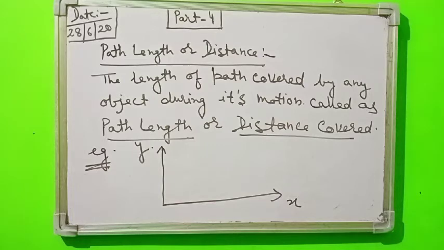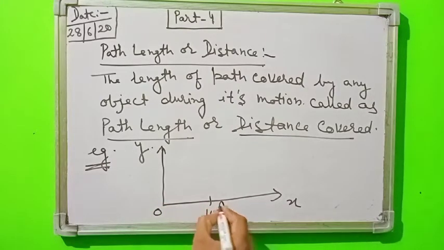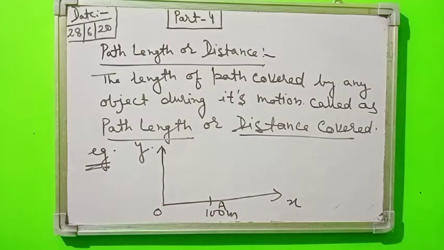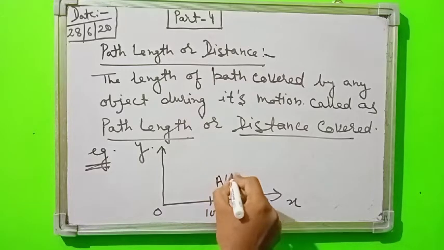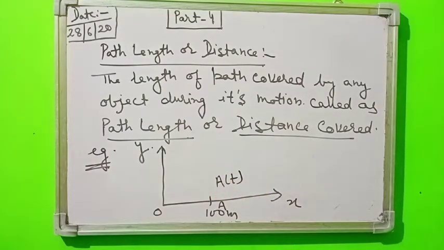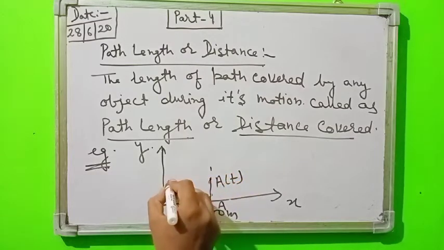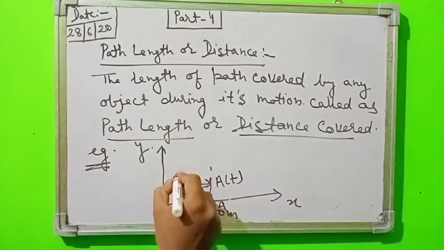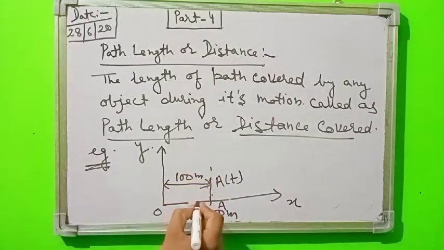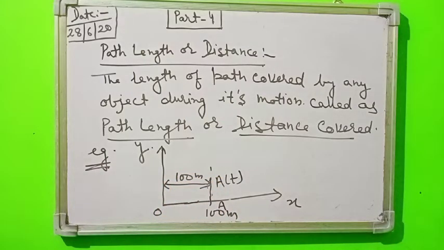Now suppose an object moves along the x-axis to a distance of 100 meter, from origin O to point A, position A at time t. Clear? The path length is 100 meter.